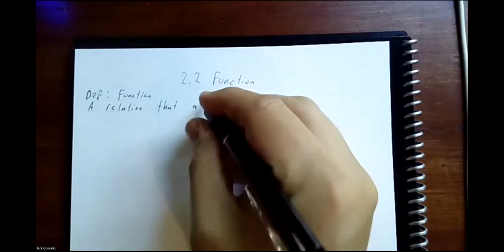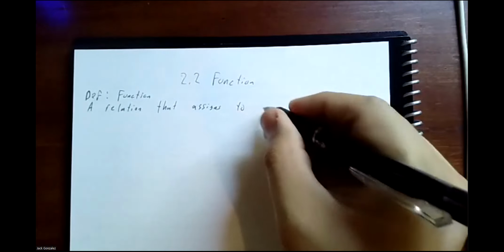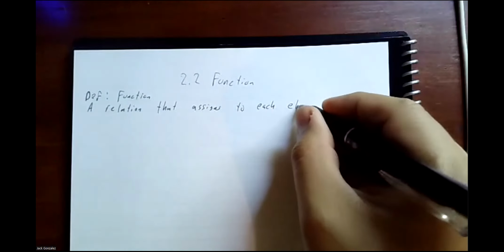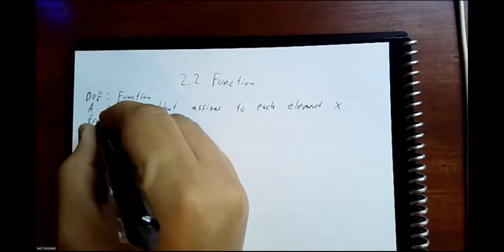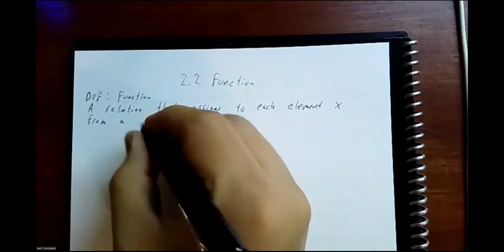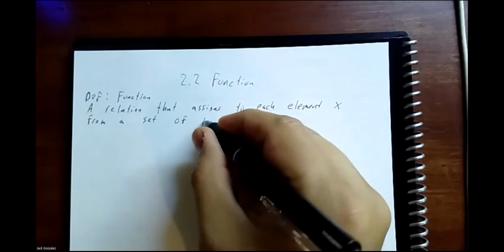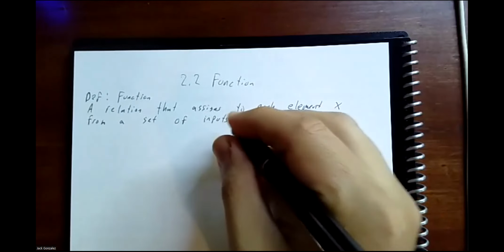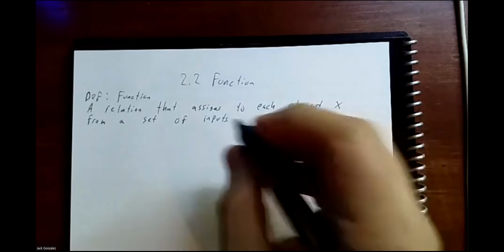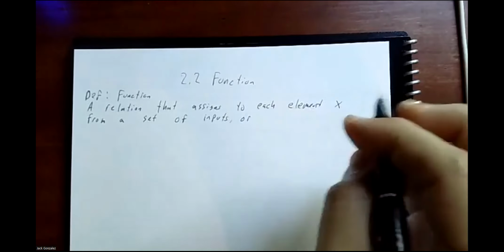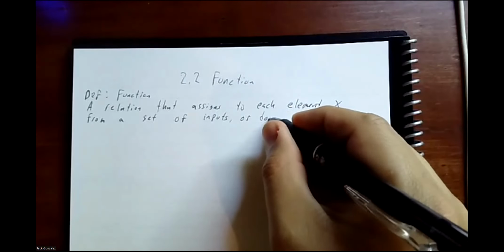A relation that assigns to each element x from a set of inputs, or another way to phrase it, the domain. The set of inputs is also called the domain.